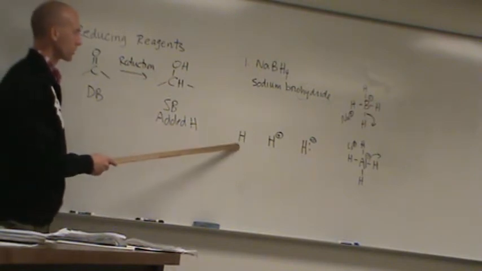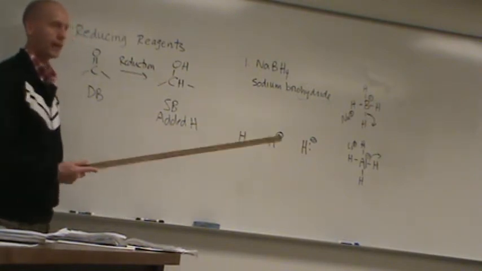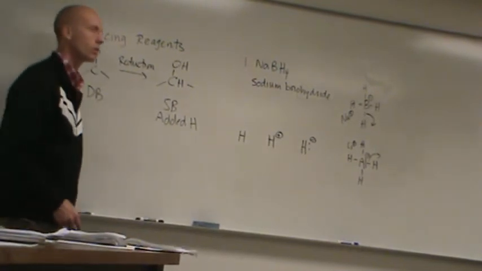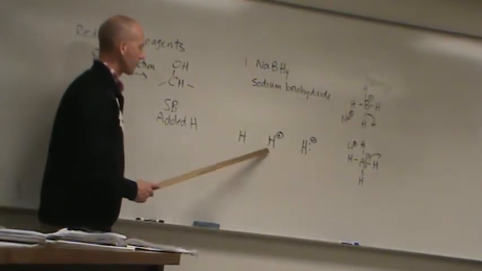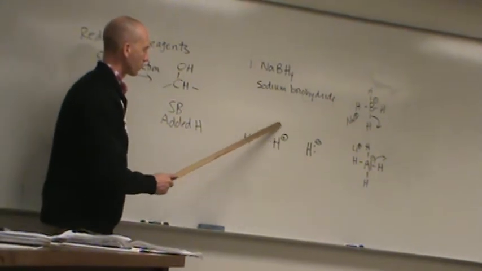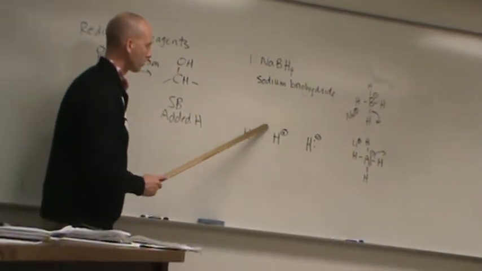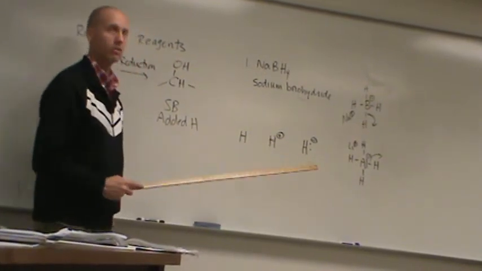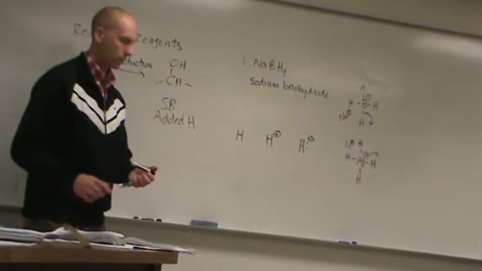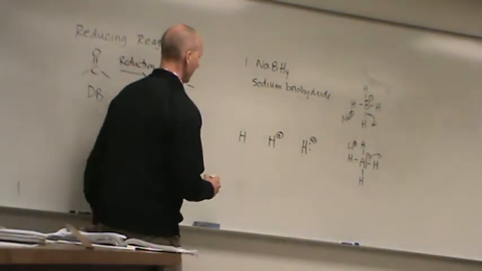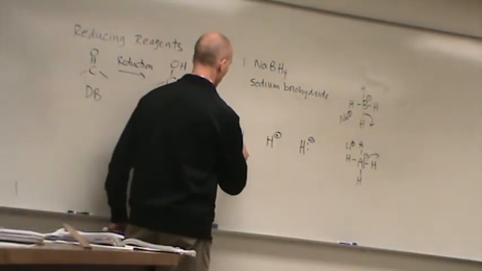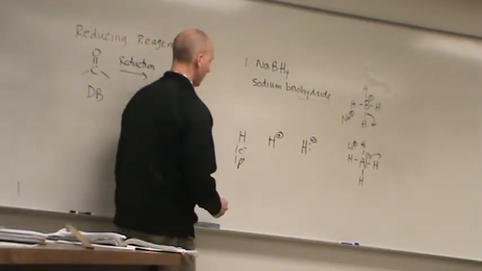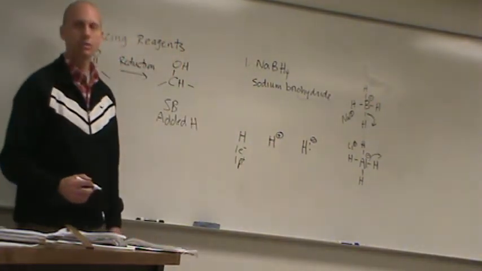Well, this is simply a hydrogen atom. Learned that in grade school. This here, what do we call that? You call it a hydrogen cation. Let's look at it a little better than that. Hydrogen, we have 1 electron and 1 proton.